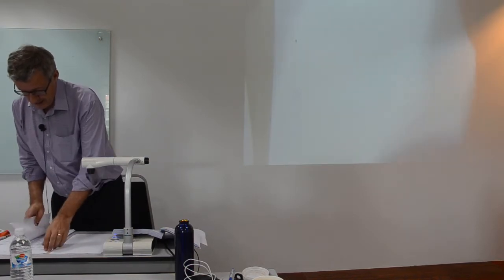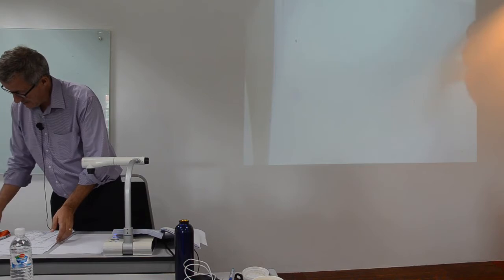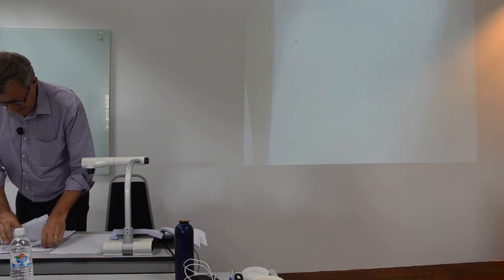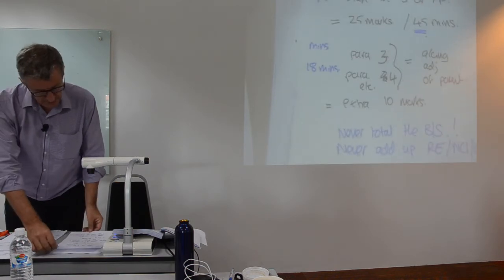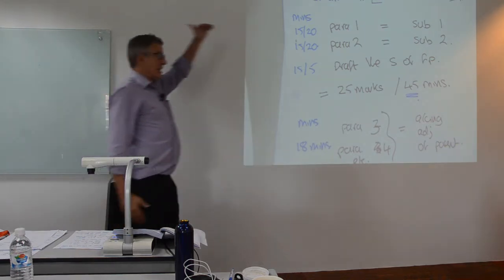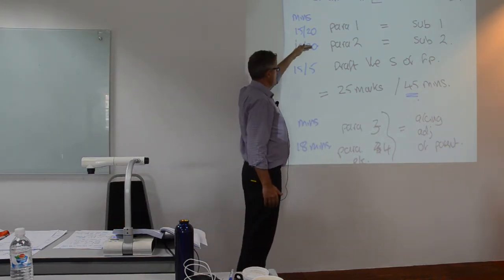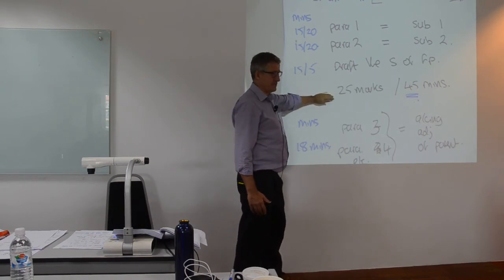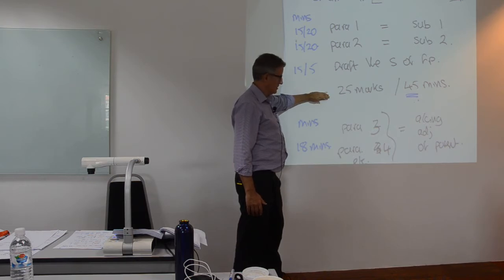There is a very important second part to the question, which I want to have a look at. But first of all, I want to take you back to the beginning. And when we looked at the beginning, what we said to ourselves was, sort out sub 1, sort out sub 2, draft up the balance sheet, budget is 45 minutes, because this is earning you 25 marks.